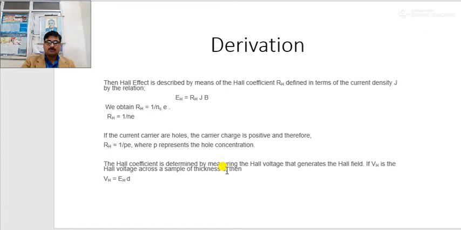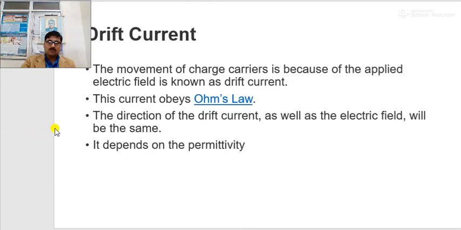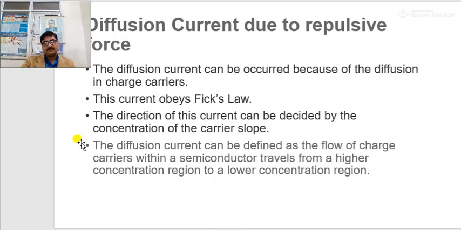If the thickness is known and EH, the Hall electric field, is known, then we can calculate the Hall voltage. Whereas the Lorentz force explains drift velocity, which depends upon Ohm's law and gives current, the current due to the difference in charge concentration is explained by the diffusion current, on the basis of Fick's law.